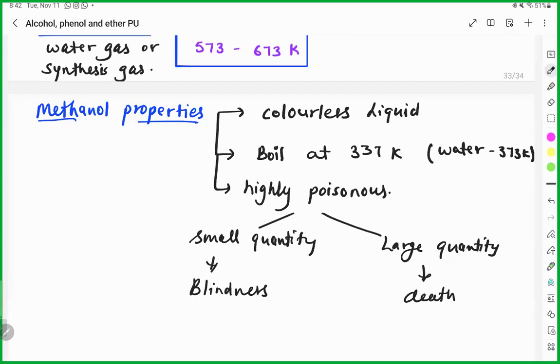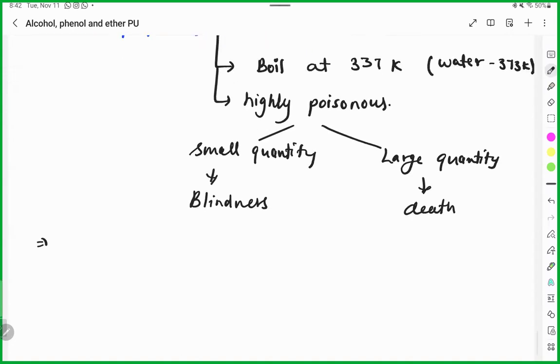Once it reaches the destination, you give them the chemical formula to reverse it and make ethanol again. Make sense? So that's why, though it is not given in NCERT, it is used to denature. That question was once asked, sir.